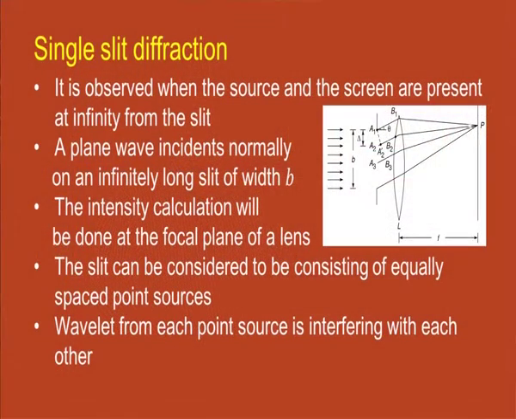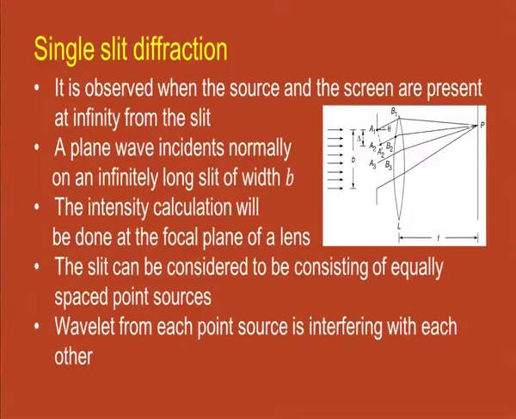Now, we will discuss the Fraunhofer diffraction from a single slit. So, this is called single slit diffraction. It is observed when the source and the screen are present at infinity from the slit.